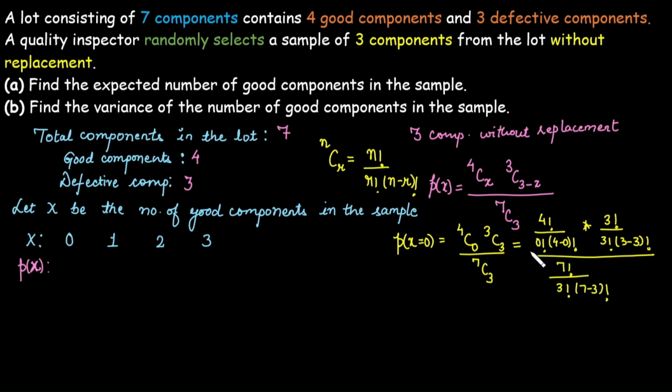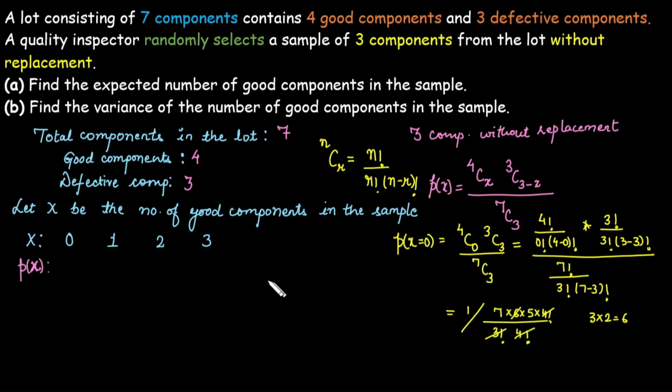Now 0 factorial is 1. This 4 factorial cancels as well. In this case, 3 factorial gets cancelled with 3 factorial, and 3 minus 3 is 0, and 0 factorial is also 1. So in the numerator we have 1, divided by 7 into 6 into 5 into 4 factorial divided by 3 factorial, and 4 factorial gets cancelled. 3 factorial is 3 into 2, that is 6, which cancels with 6.